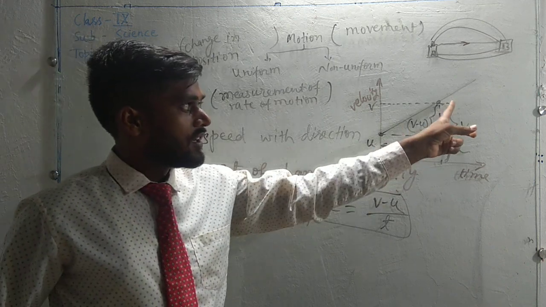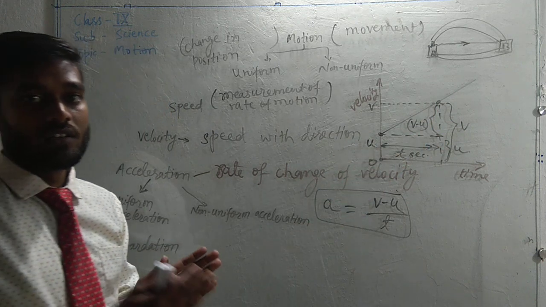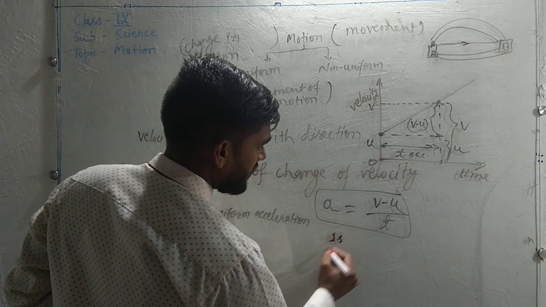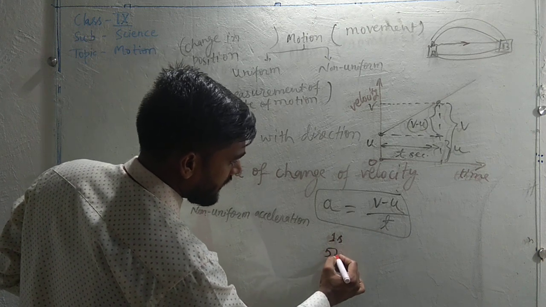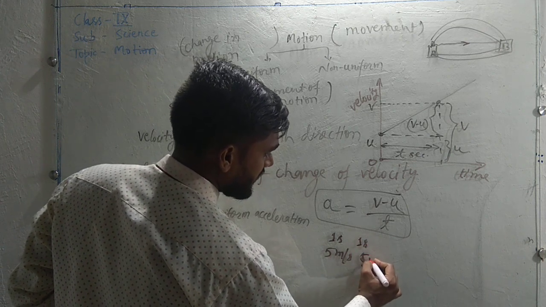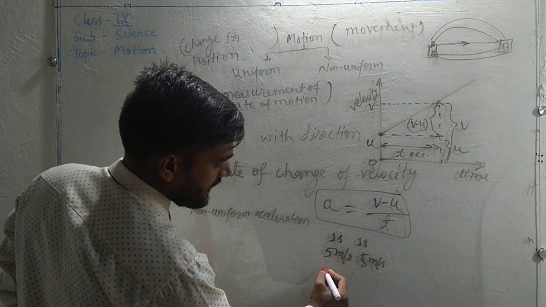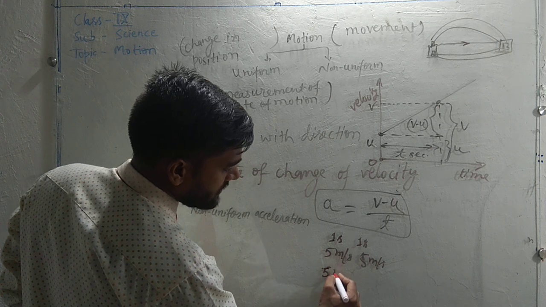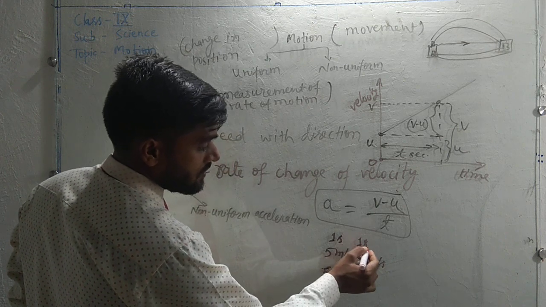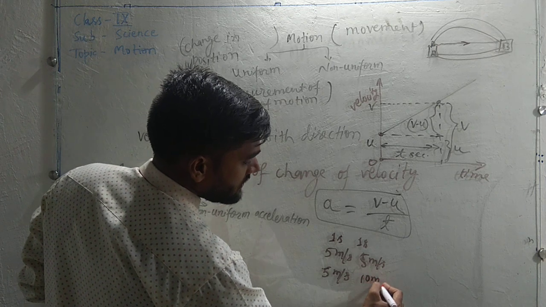So if this change in velocity remains the same after each interval of time, let it be that in the first second the change in velocity is 5 meter per second. In the next 1 second it again changed by 5 meter per second. Means for the first second it was moving at 5 meter per second, in the second second it was moving with 10 meter per second.